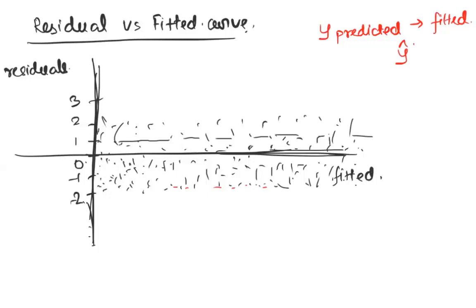Does this look like it fits the assumptions? Yes. Looking mean will be 0 and variance is more or less. So mean looks to be 0. Variance, what can you say about variance? Does this seem to be constant variance? Yeah, more or less it seems.